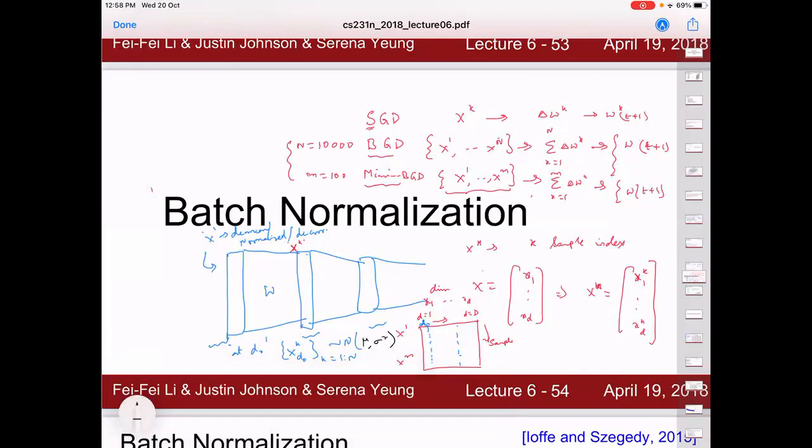The mean of samples, mu, is calculated as the expectation of xk over k. Please note that sigma square is again the variance over samples for xk in a given dimension d naught, which is fixed.